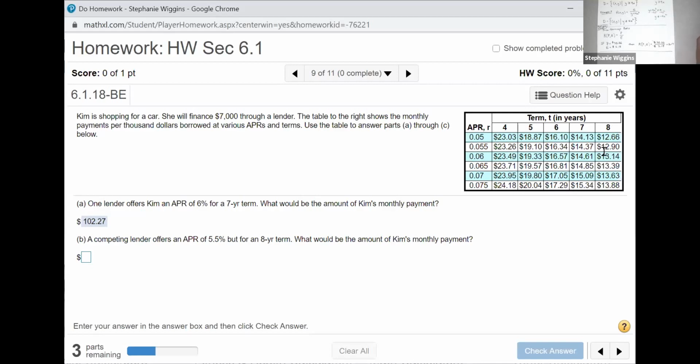And she's borrowing $7,000, so we multiply that 12.9 times 7. And I think I'm just going to do that by hand. That gives me 3, 14, that's 20. So her monthly payment is $90.30.